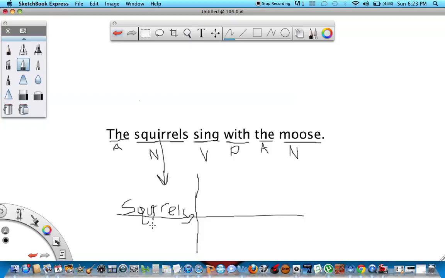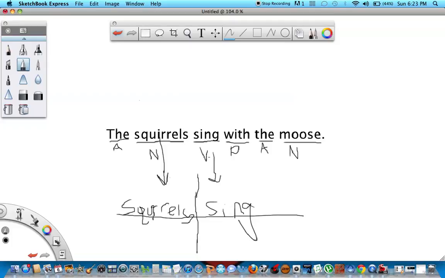So this is squirrels. I know it's badly written, but it's squirrels. And then next we're gonna write the verb, which is sing. Okay.